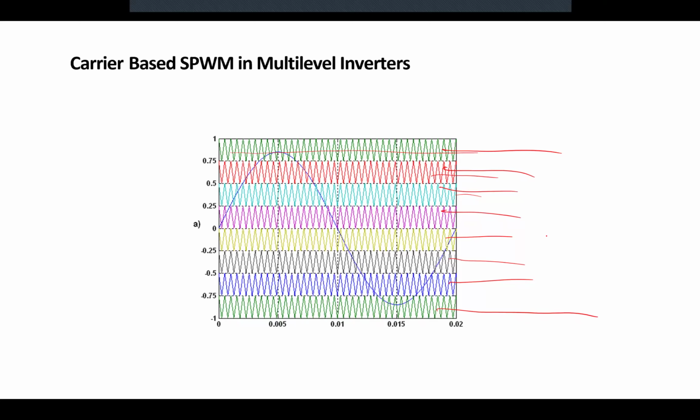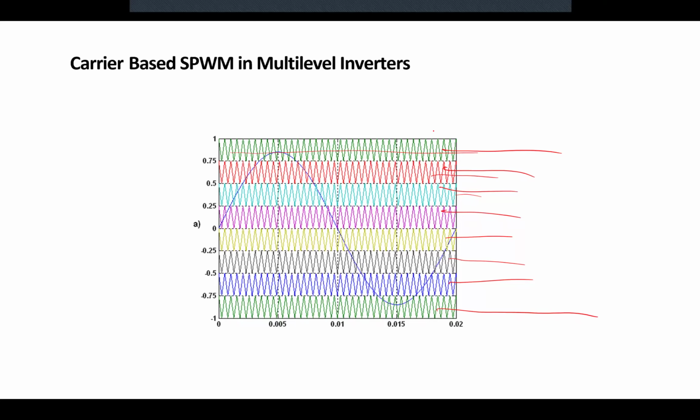Each module is a separate inverter. But because cascading them creates our desired sinusoidal, the carriers should add up to 1. Each of them now is not 1 anymore.